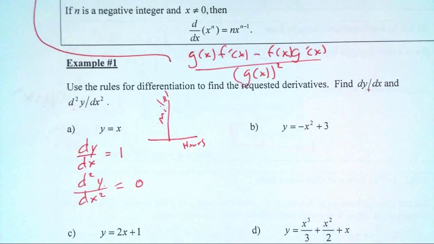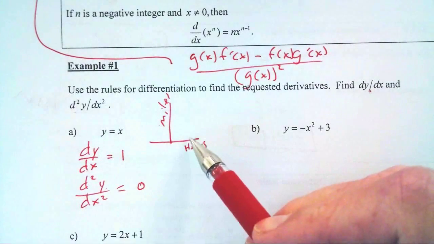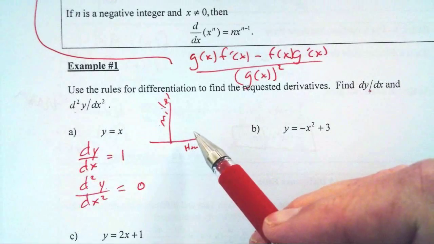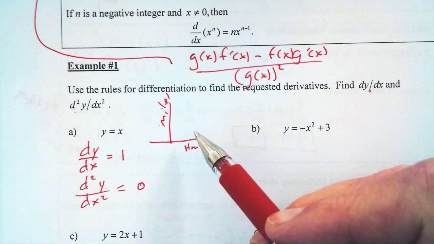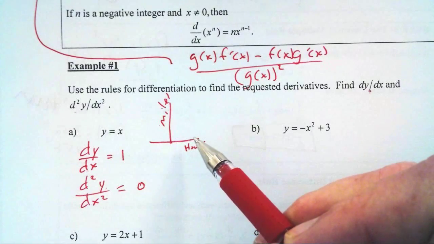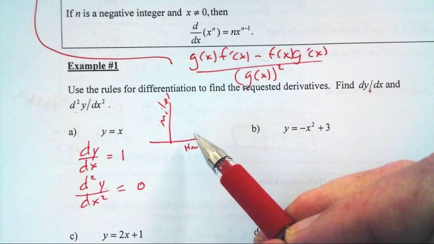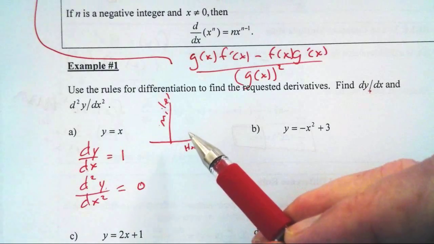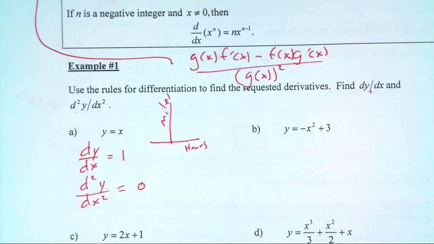Miles per hour squared. Miles per hour is rate of change, right? It's typically a speed, miles per hour. So the derivative of that would be the change of speed. I went from 20 to 27 miles per hour. What's our word for change of speed? Acceleration. The second derivative is acceleration.